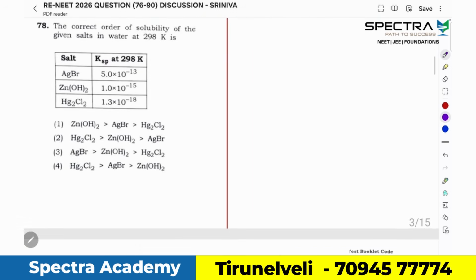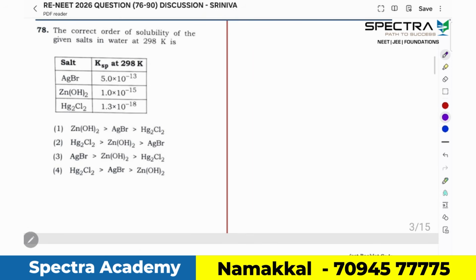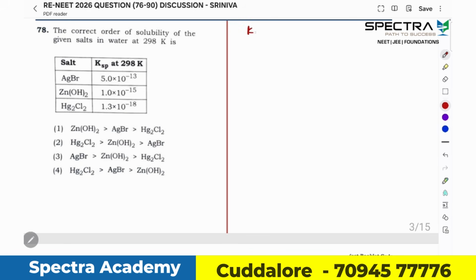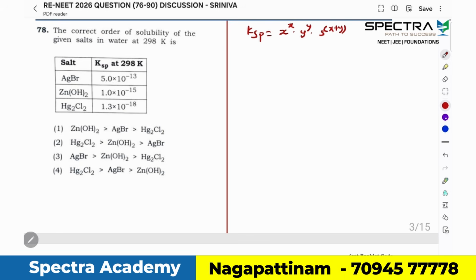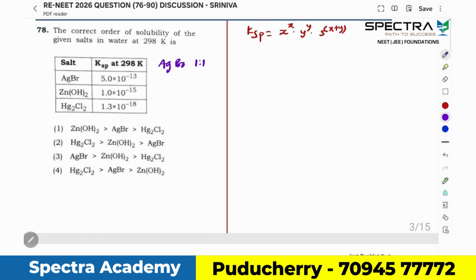Now coming to question number 78, which is based on the solubility product. We have the general equation Ksp is equal to x power x, y power y, s power x plus y. Now here we have AgBr. AgBr is a 1:1 salt.